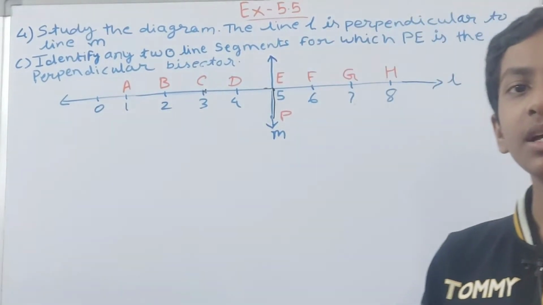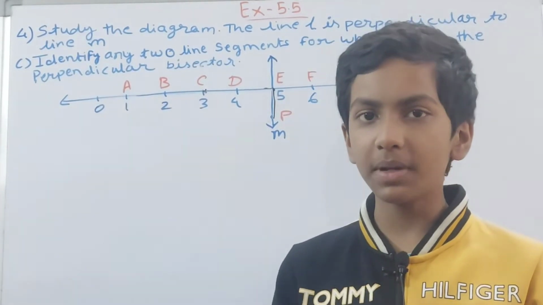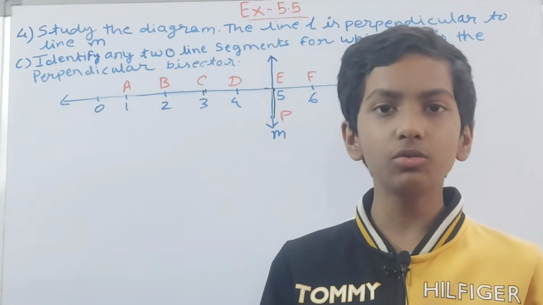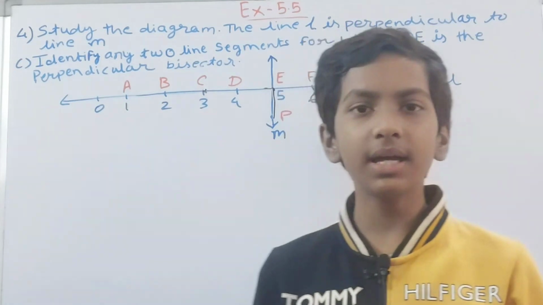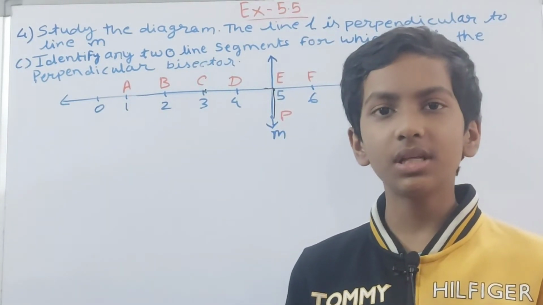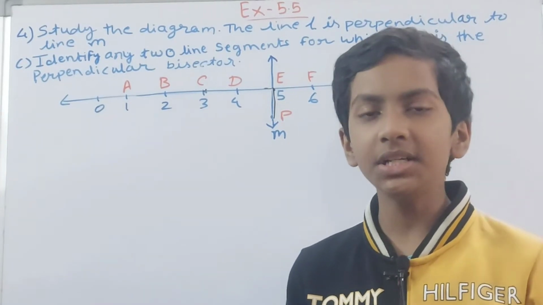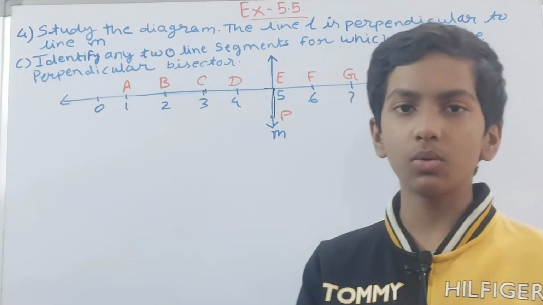Perpendicular is a line which intersects another line at 90 degrees, and a bisector is a line which divides the line into 2 equal parts. So when you combine them, you get a perpendicular bisector: a line which intersects another line at 90 degrees and divides that line into 2 equal parts.